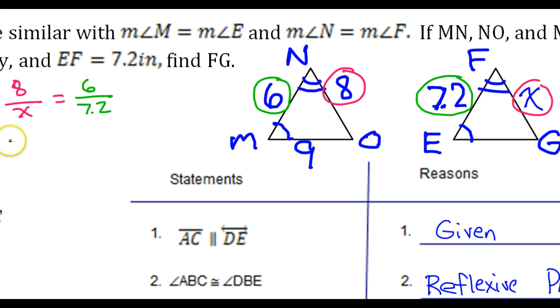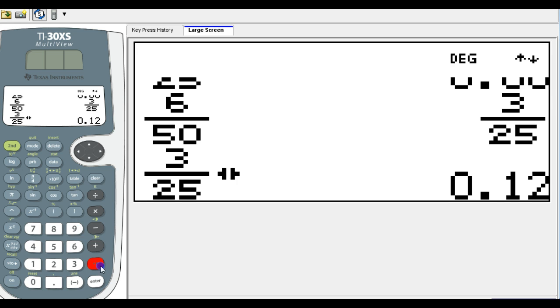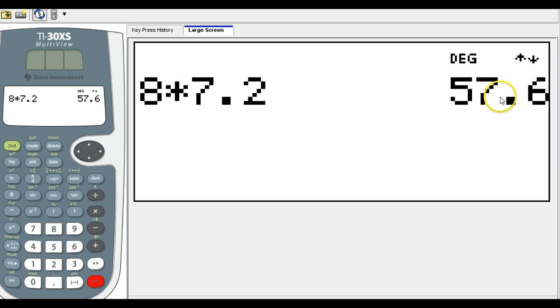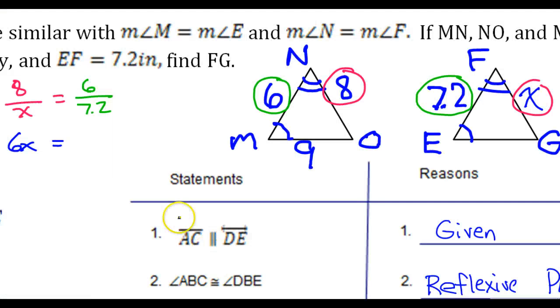So if I cross multiply, I'm going to have 6x along this diagonal, and then 8 times 7.2. So that's 57.6.